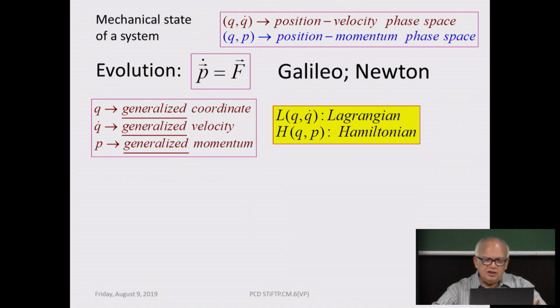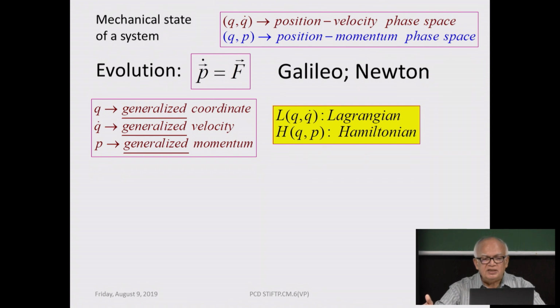And in Lagrangian and Hamiltonian mechanics, which are founded on the variational principle, the formulation is again in terms of the state of the system, which is described by position and velocity, or alternatively by position and momentum, or equivalently you can describe the state of the system by a function of position and velocity. So L is a function of position and velocity. We will discuss what this function is. Or you can have a function of position and momentum, which is H. L is called the Lagrangian and H is called the Hamiltonian.